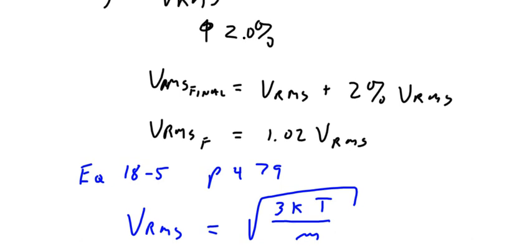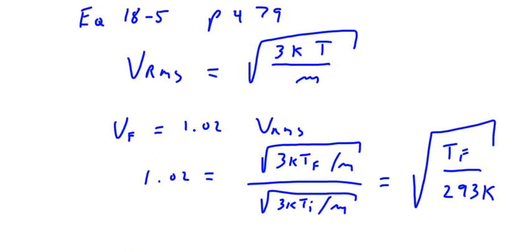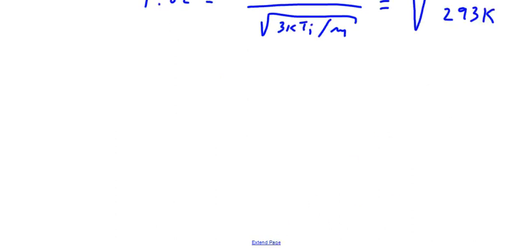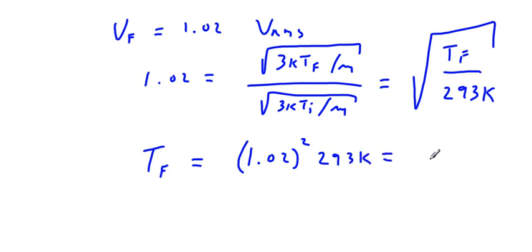I'm at 20 degrees, so I go 20 plus 273 to get myself to 293 K. All right, so now I square both sides of my equation, and I get temperature final equals 1.02 squared times 293.